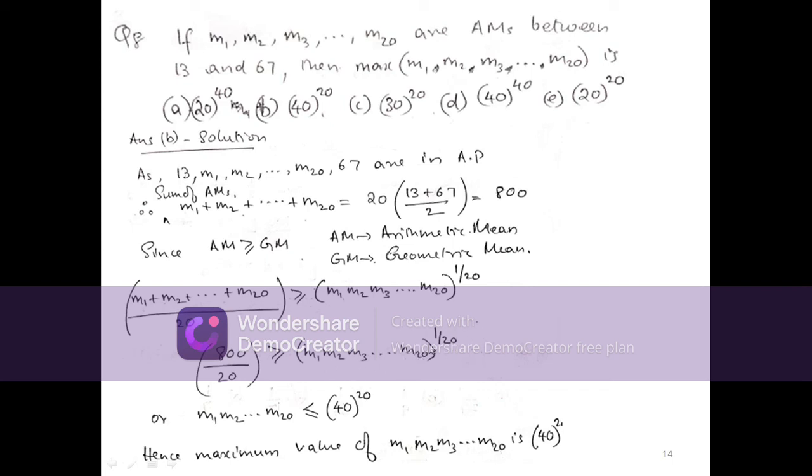So m1 into m2 into etc. up to m20 is less than or equal to 40 raised to 20. So the maximum possible value of the product m1 into m2 into m20 is 40 raised to 20, that is option B.